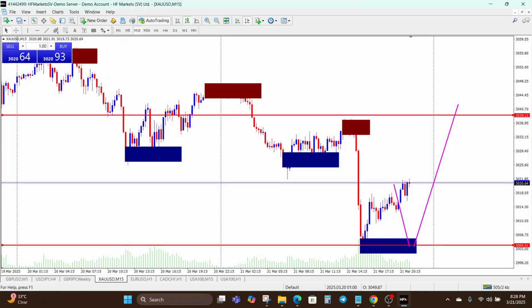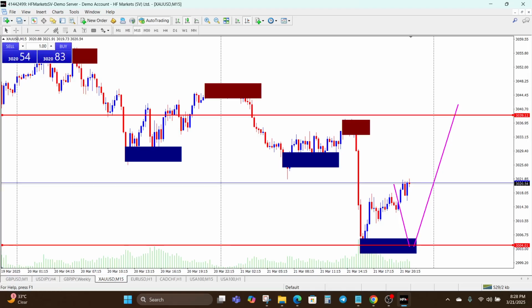So if you want to trade breakouts, you can still do that. For a bullish breakout, if price breaks above a bullish order block, it may continue higher. So you can look for buy opportunities after your breakout has been confirmed.